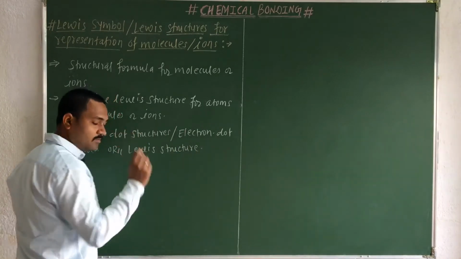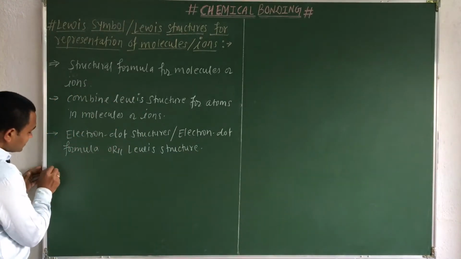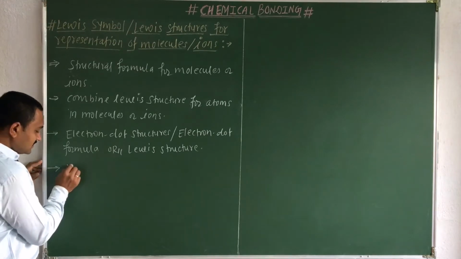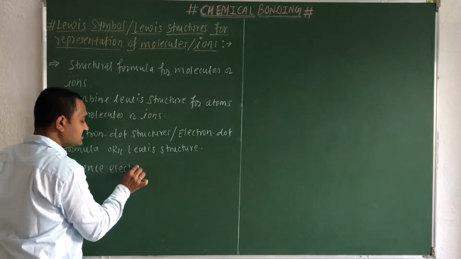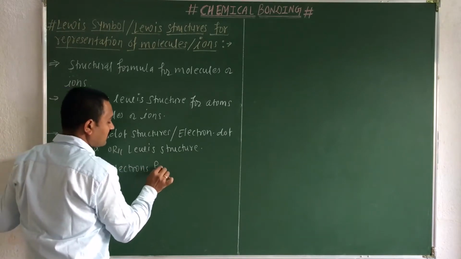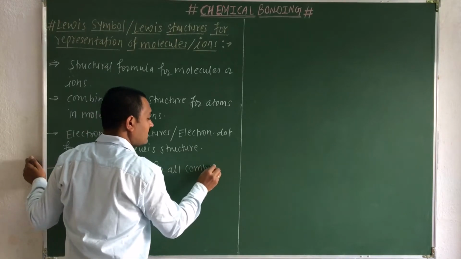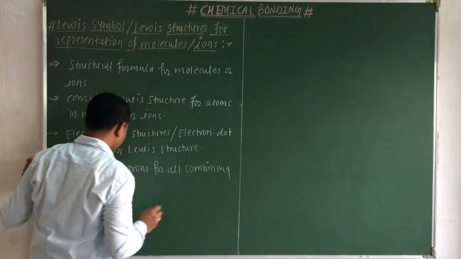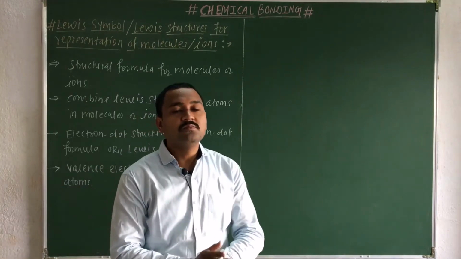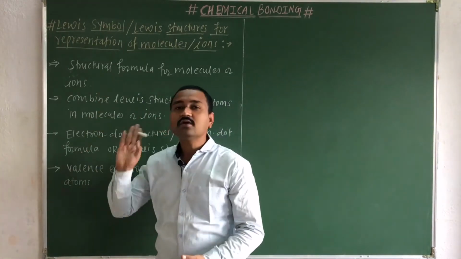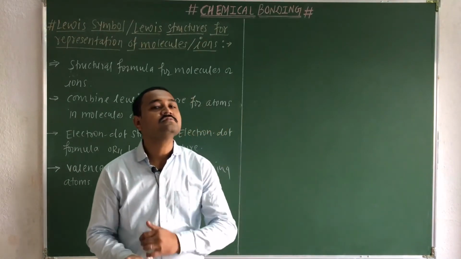And if we have to consider the Lewis structure, we generally consider the valence electrons of all combining atoms. This is a simple introduction to the representation of Lewis molecules or Lewis ions.